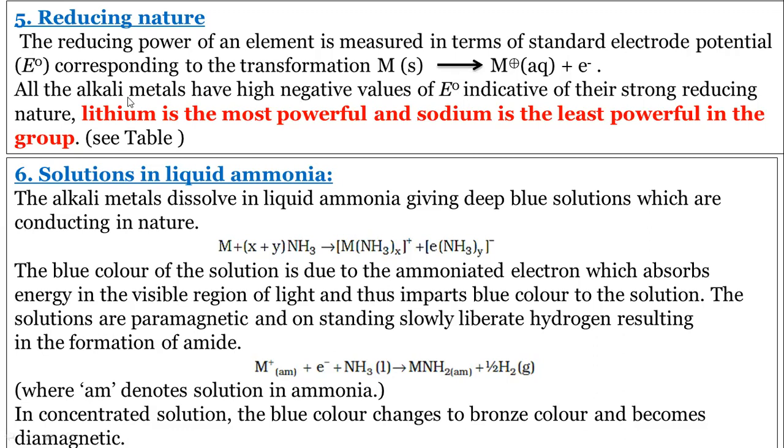Remember, all the standard electrode potential values of these alkali metals are negative, and very highly negative. These values are an indication of their strong reducing nature. So lithium is the most powerful and sodium is the least powerful in that group.